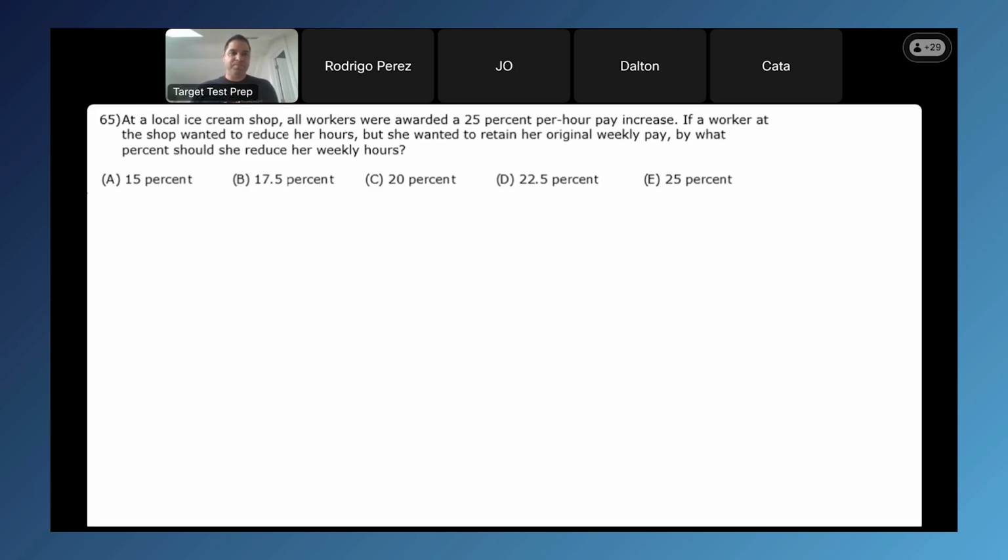So check this out. We have wage times hours, and that's going to be equal to a 25% pay increase, which is 1.25 times the wage times some sort of decrease in hours, 100 minus X over 100 times the hours.